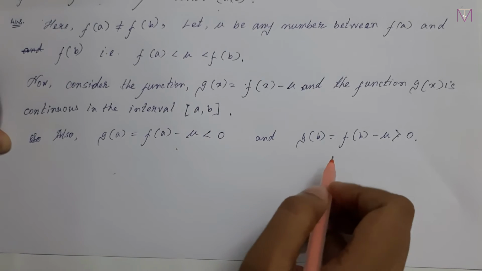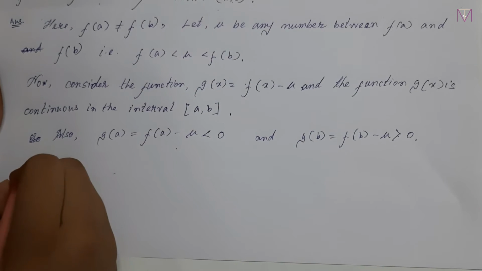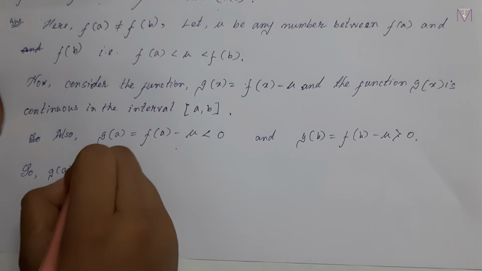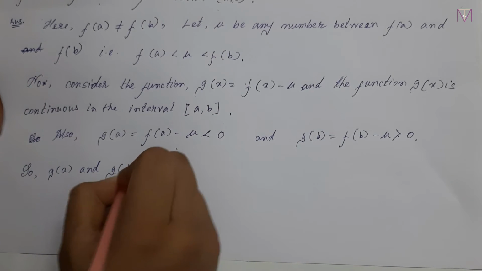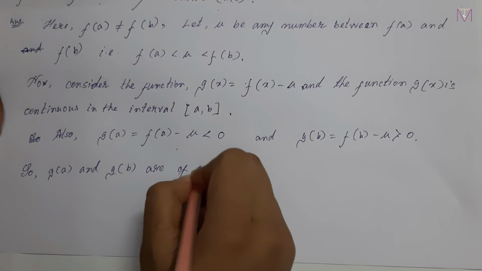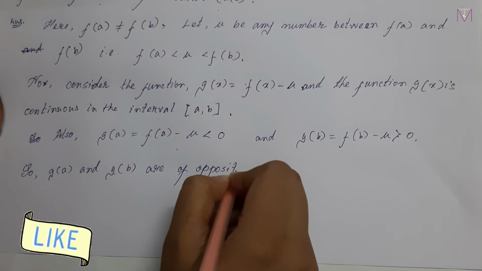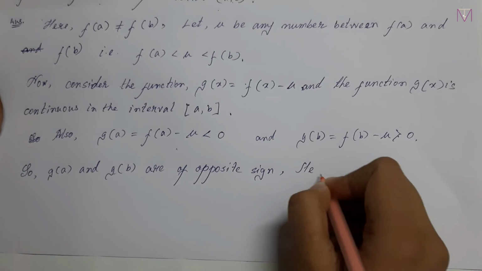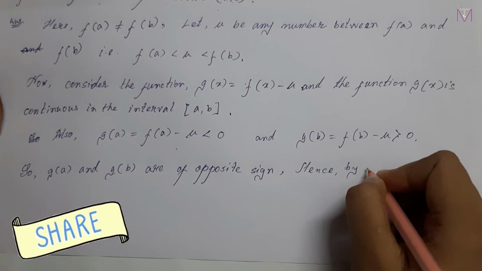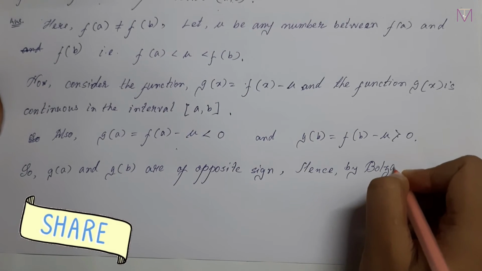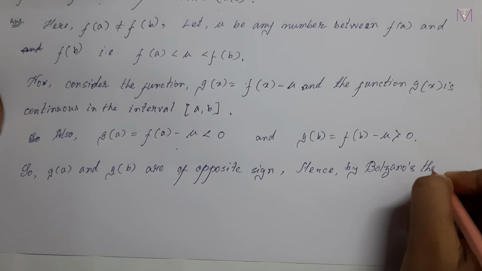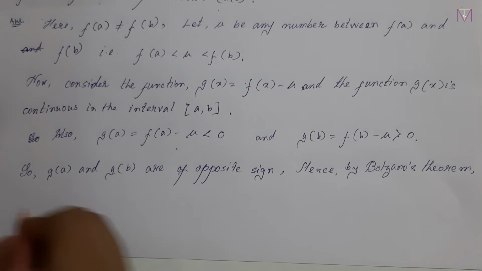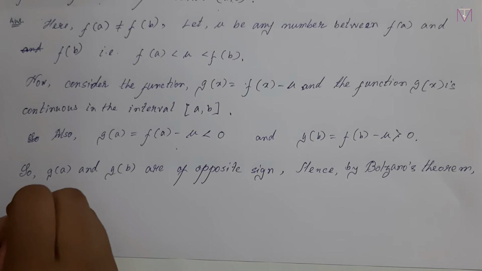Here g(a) and g(b) are of opposite sign, so we have to apply Bolzano's theorem. If you don't have any idea about Bolzano's theorem, then please check out the I button.